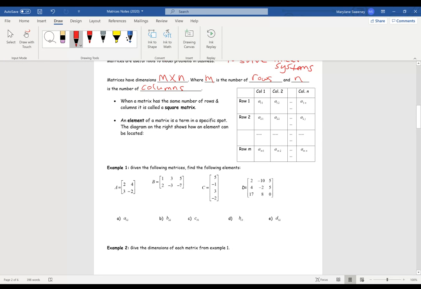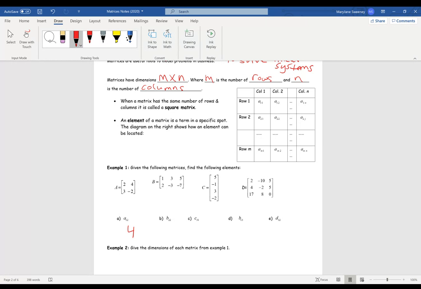So for instance, if I was looking in example 1 at letter A, A sub 12 means in matrix A, row 1, column 2. Now rows you go across, columns you go down.